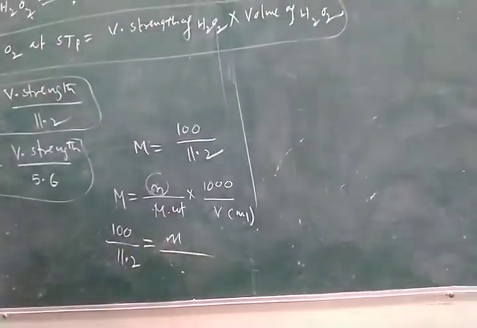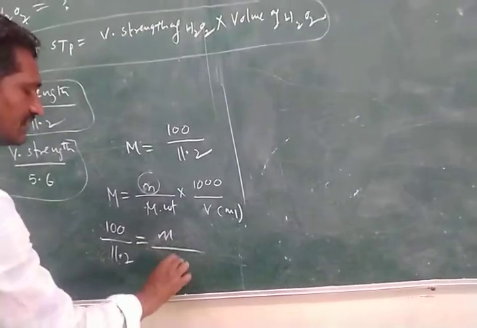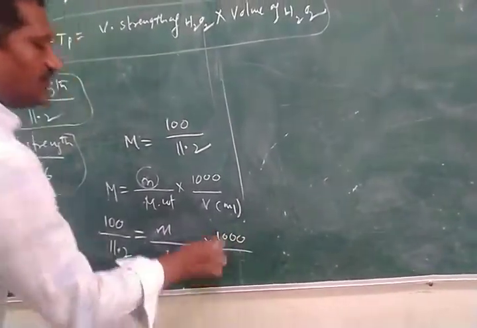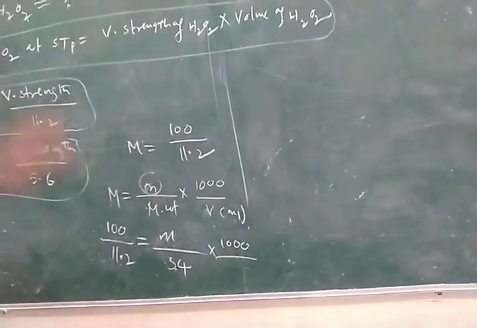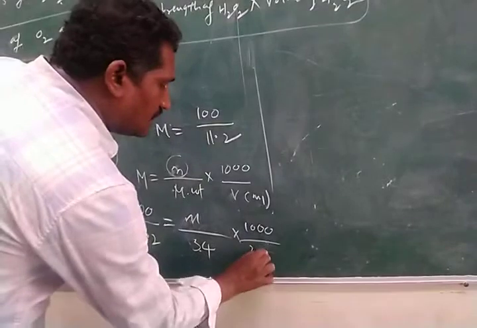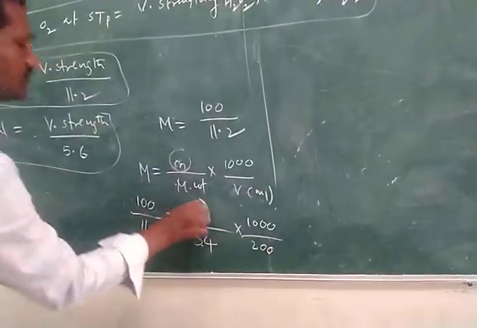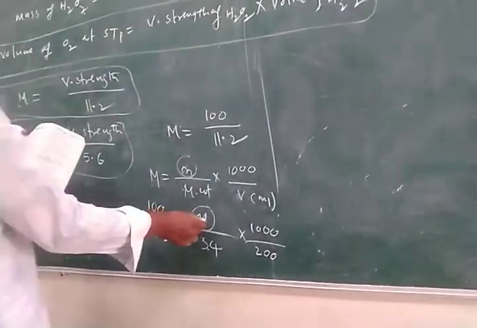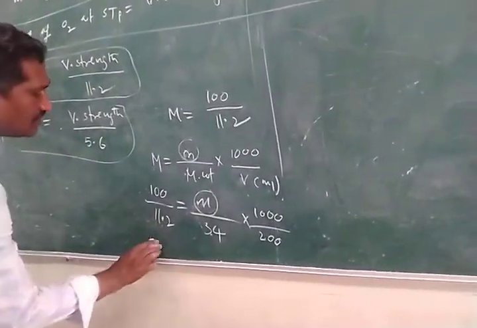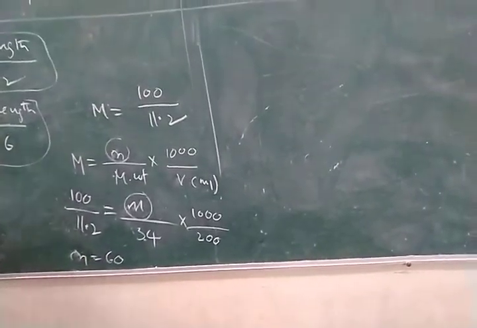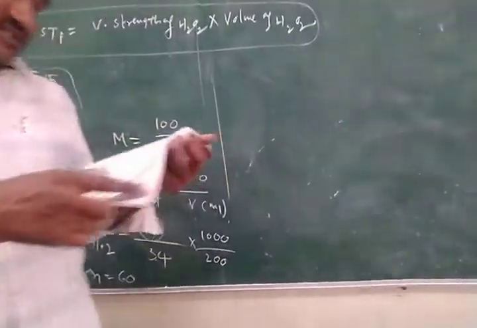Molecular mass of H2O2 is 34 grams, into 1000 by the volume given, 200 ml. If you simplify, the small m value, the mass, comes to 60 grams.